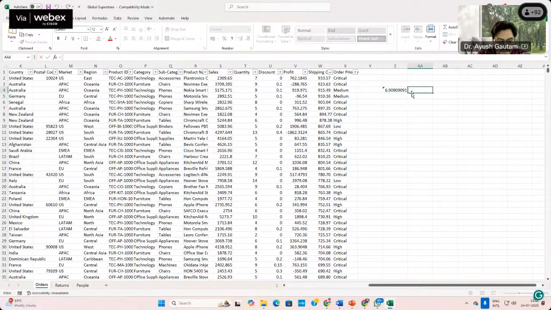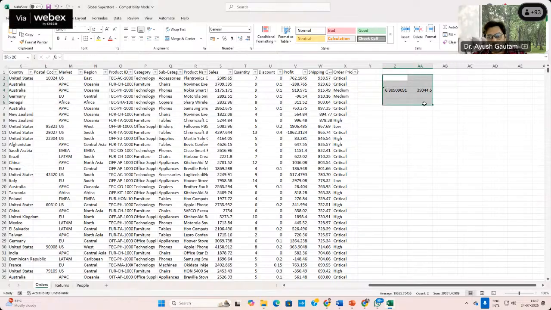But if I calculate the average of this postal code, both are digits, but it doesn't make any sense, right? This is what I'm trying to say. Now, can anyone please tell me why this makes sense and why this does not make sense in terms of the classification of the data?